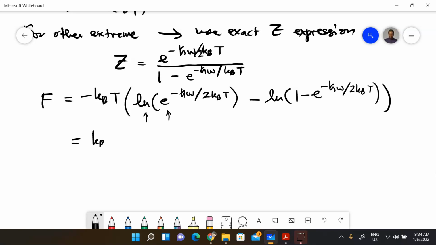So that's kBT times h bar omega on 2kBT. And then the rest is the same as before, so that will be a plus. Oops, sorry, kBT log of that.